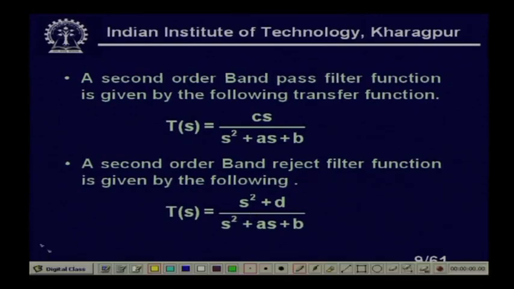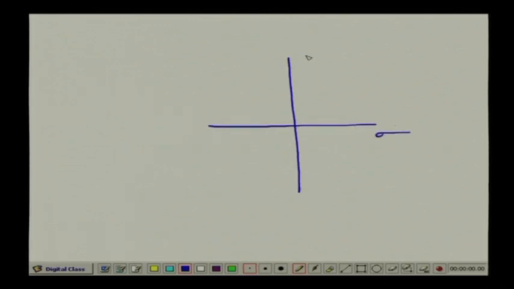The pole zero pattern will look like, if I take a blank page, this in the sigma j omega plane, right. So, we have complex conjugate poles, these poles always lie on a semicircle, and 2 complex conjugate zeros will be there, right. So, this is our band reject function, clear.